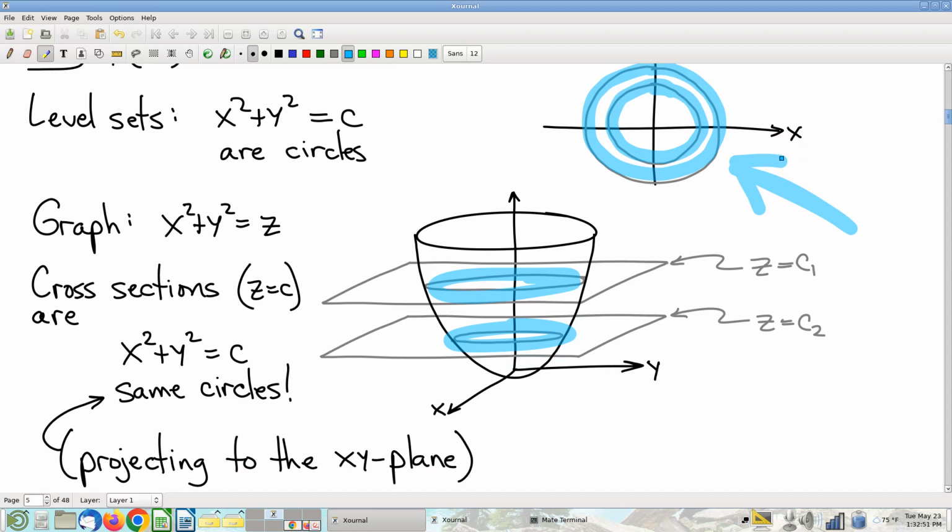Points on those circles only have 2 coordinates. These circles here are in 3 dimensions. They have 3 coordinates. So when I say that they're the same, what I mean is, once you've got this, look at their projection down into the XY plane. In other words, throw away the z's, and when you do that, you will get literally and exactly those circles. So, minor formality there.